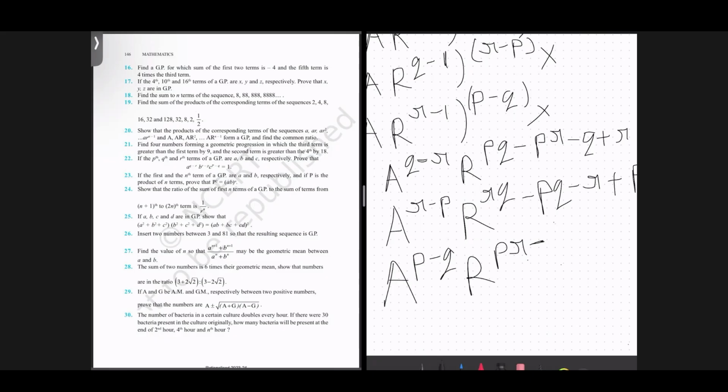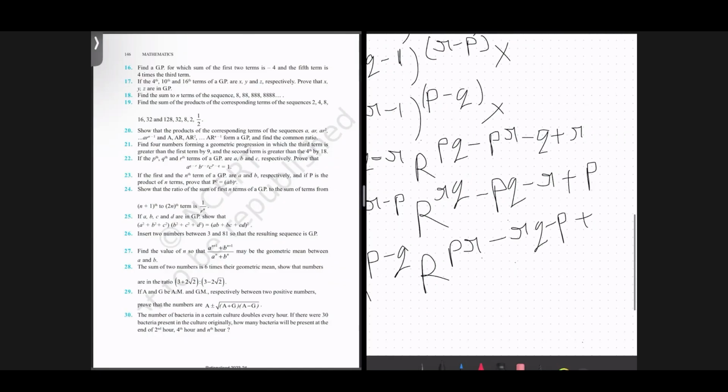It's going to be PR minus RQ minus P plus Q. You multiply this carefully. So you have PR minus RQ. You also have minus P and you have plus Q, right?